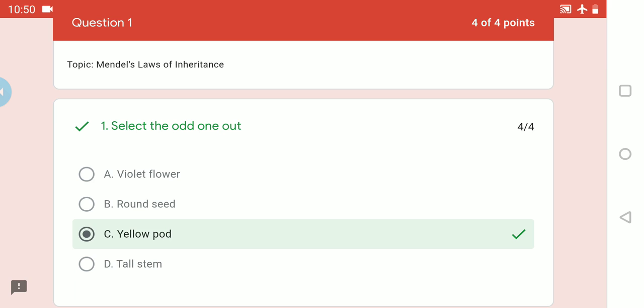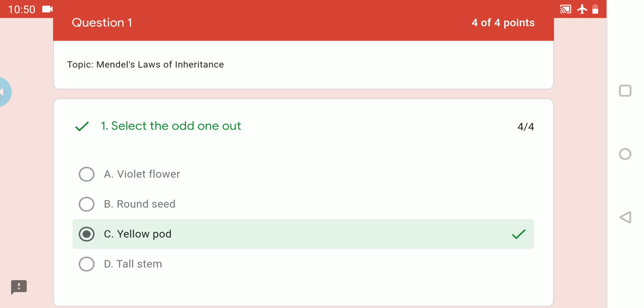While we are studying the contrasting characters, if you look at the table, the dominant characters are: stem height tall, seed shape round, seed color yellow, pod shape smooth or inflated, pod color green, flower position axillary, flower color violet. So these are all the dominant traits, isn't it?